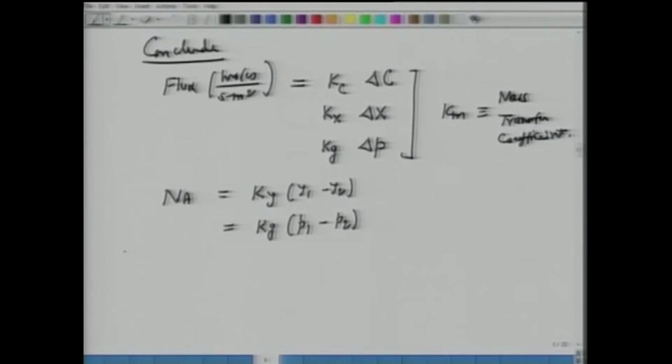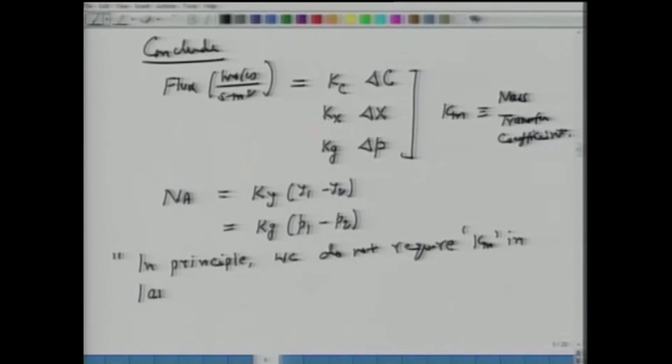And let's write down here that in principle, we do not require the mass transfer coefficient Km in laminar flow. Why? Because laminar flow is well defined. It's a flow we have seen in the case of a tube. We have analytical Navier-Stokes solutions, V equals V max times (1 minus r squared over R squared).